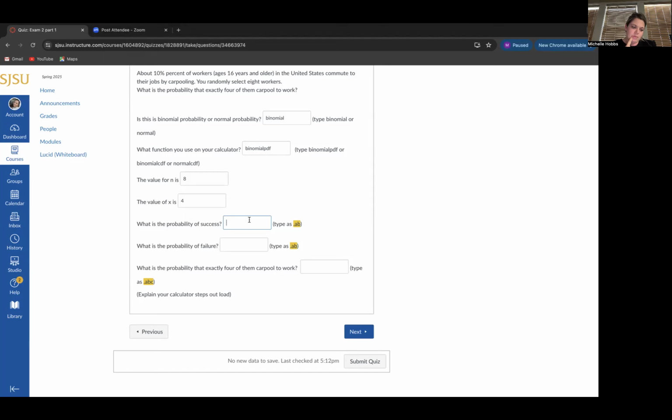Percent. So X is the number of, so 0. Oops.